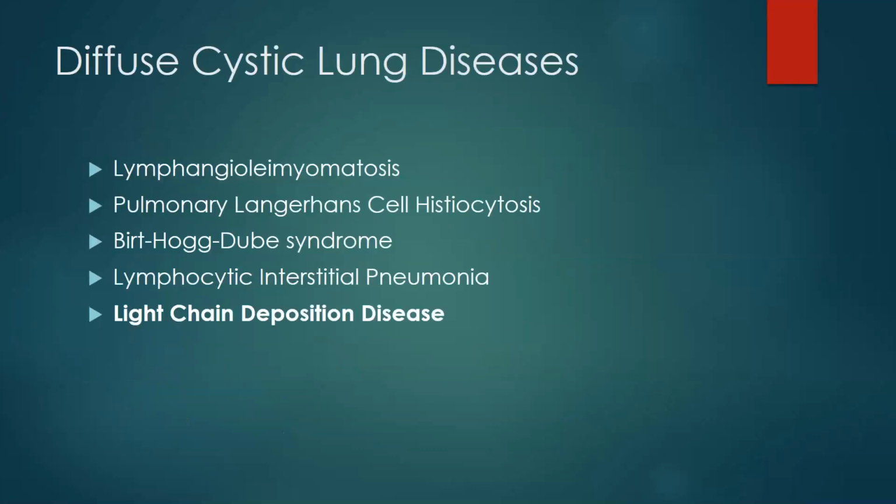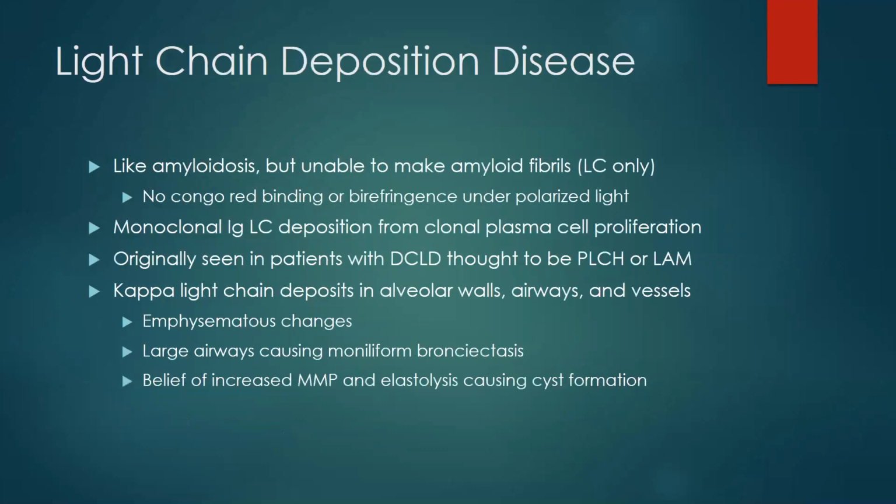And to finish off the talk today, we'll be going over light chain deposition disease. This is a disease process which is very similar to amyloidosis, but it's usually kappa light chains that are deposited in the kidneys, the heart, the lungs, and the liver.